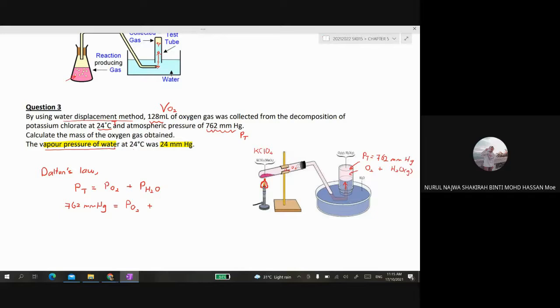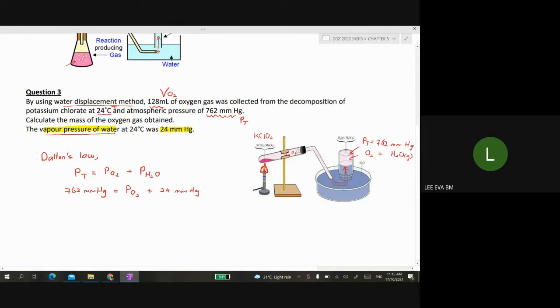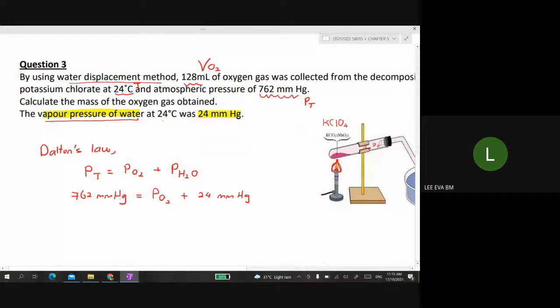Vapor pressure of water. That means your partial pressure of H2O over here has a value of 24 millimeter mercury. So what do we need to find here? The pressure of oxygen. Okay, so try to find the partial pressure of oxygen in millimeter mercury first.